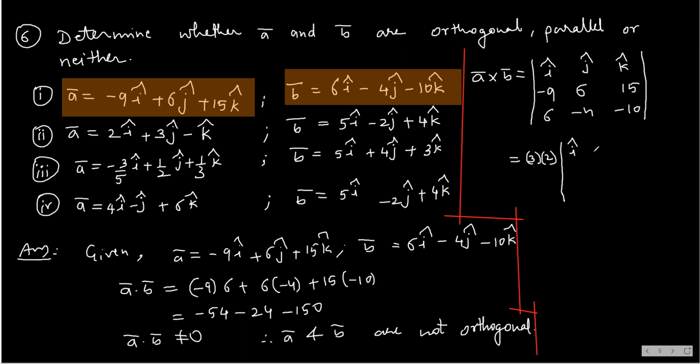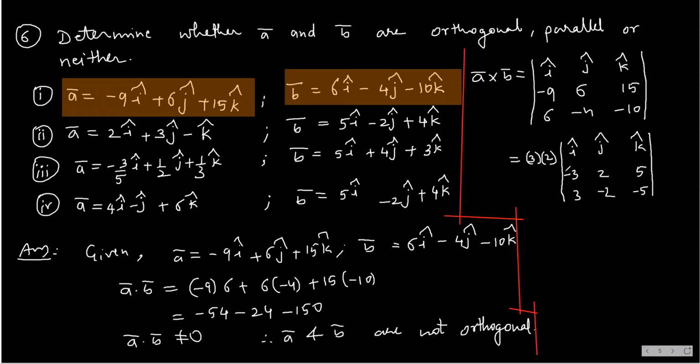So I cap, J cap, K cap, and see when I take 3 common, what do I get? Here I get minus 3, then 2, and 5. Here I take 2 common, so I get 3, minus 2 and minus 5.